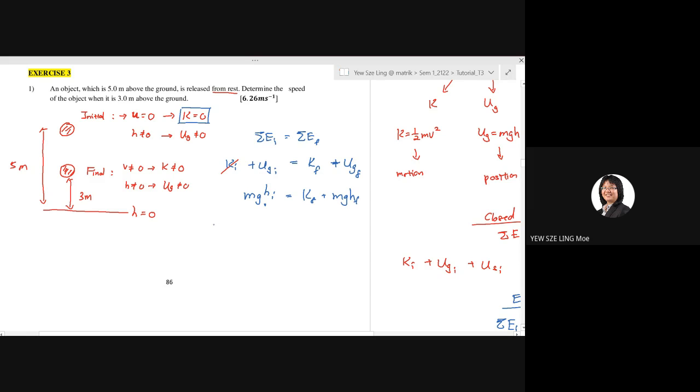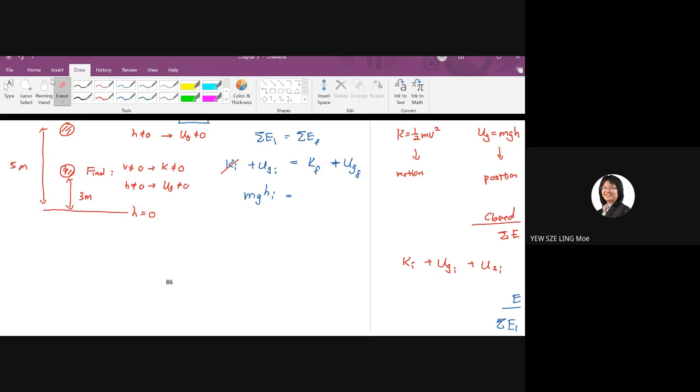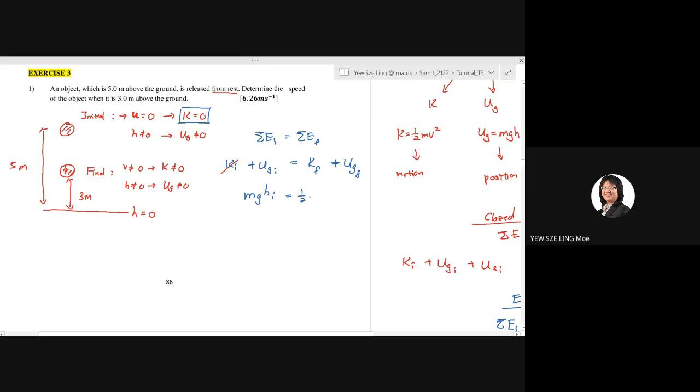So my m, now I don't have m. Well, it doesn't matter. Why? Because I can cancel it out from the equation. Okay, I forgot to expand the equation for K just now. So let me rewrite it. So K is 1 over 2 mv squared, plus mgh final. So I don't have the information about the mass of the object, but it doesn't matter.